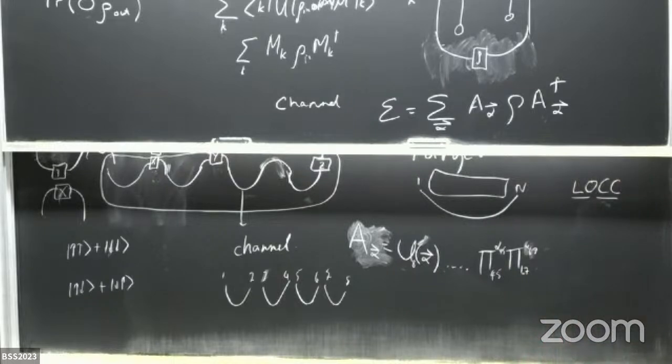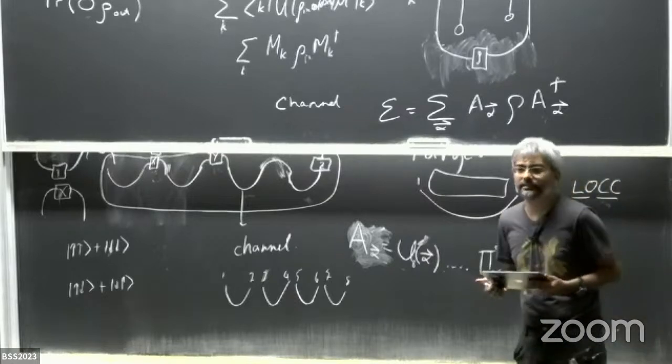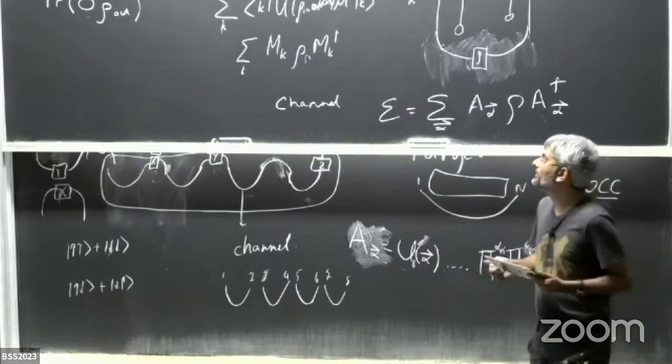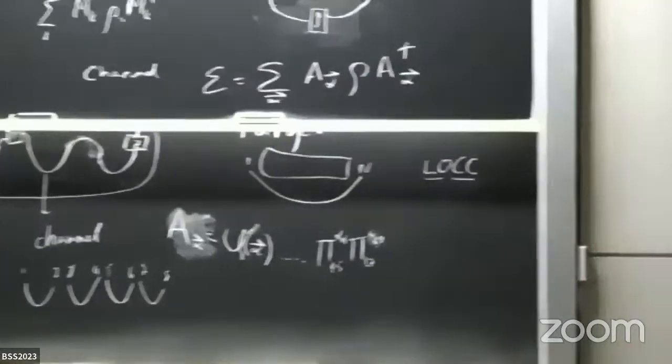Okay, so let me just say that this is the general principle behind quantum error correction, as Ehud discussed. So, for example, if you were trying to error correct the toric code, let me draw this picture again.